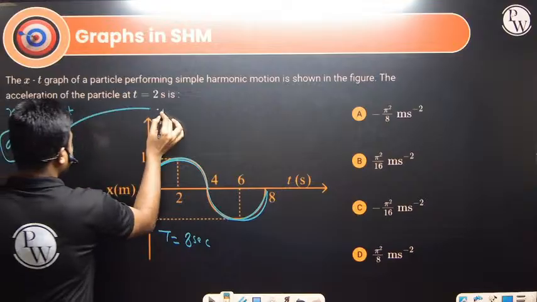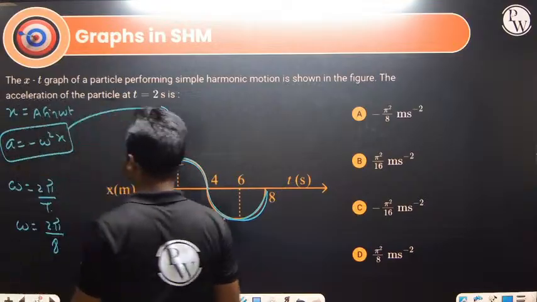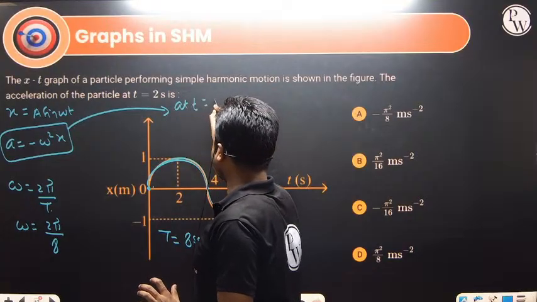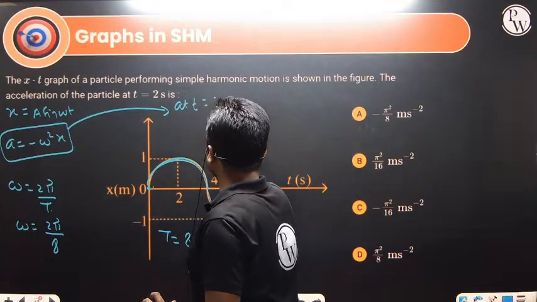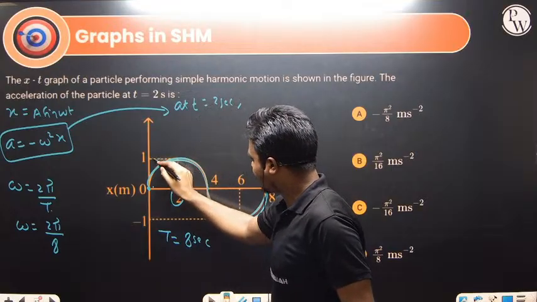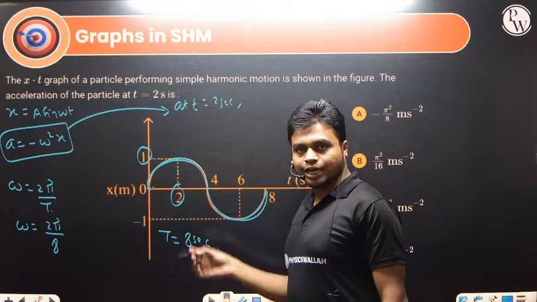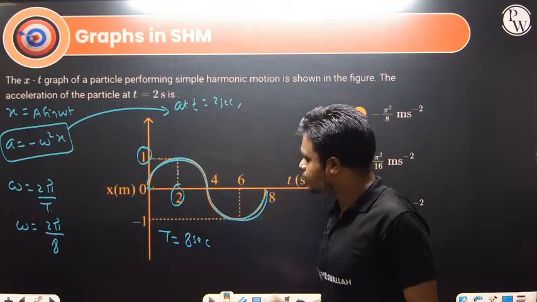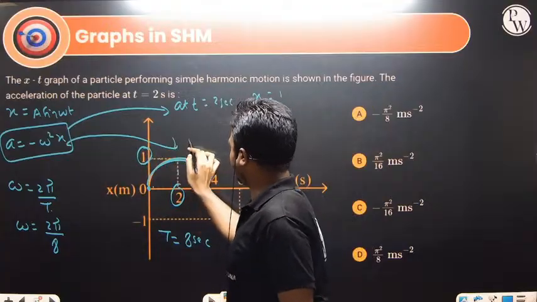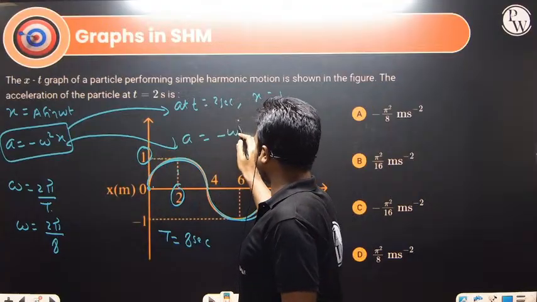Putting this value over here, at t equals 2 seconds, what is the x value? That also we have to focus on. As per the given graph, at t equals 2 seconds, the corresponding x value is 1. So x equals 1. We want acceleration, which is minus omega square x.